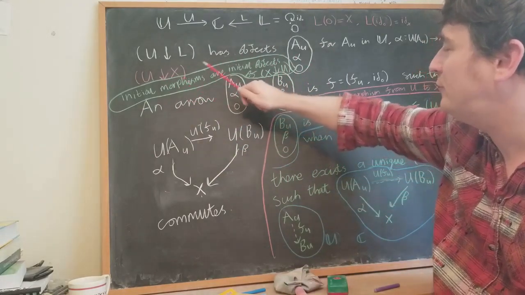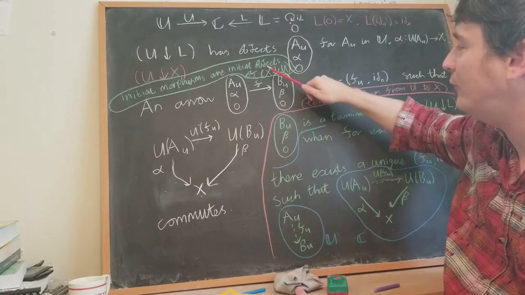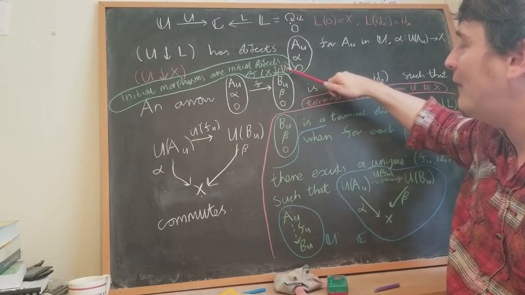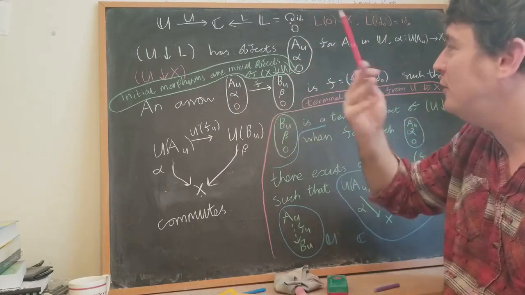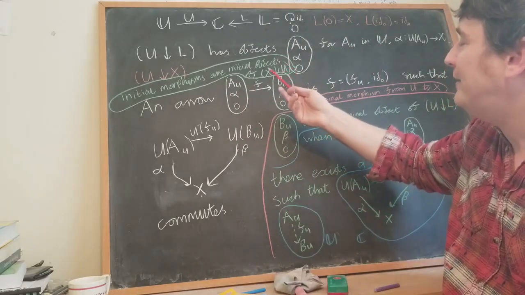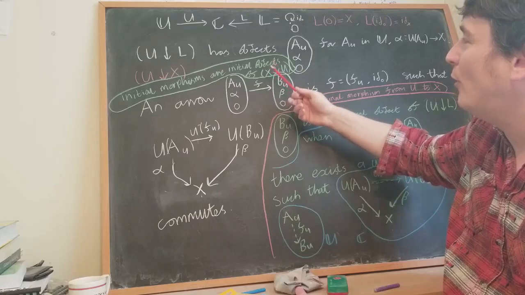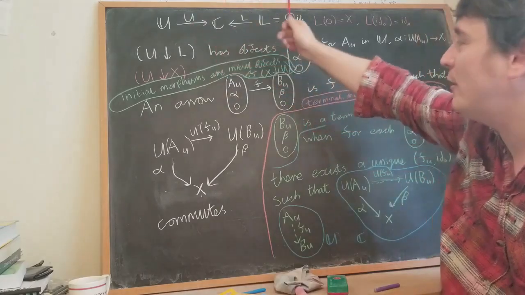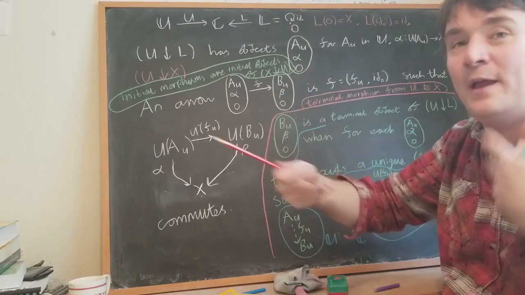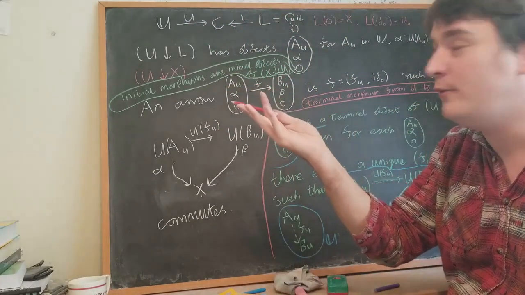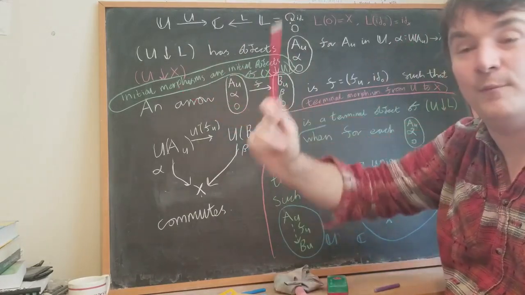They are just corresponding to the initial objects of the comma category x downwards arrow u. Okay, so if you just repeat the construction that we've just done, except this time you have your sort of x valued functor working on the left hand side rather than on the right hand side, and then you say, well, what are the initial objects of that category? They turn out to be equivalent to the initial morphisms.